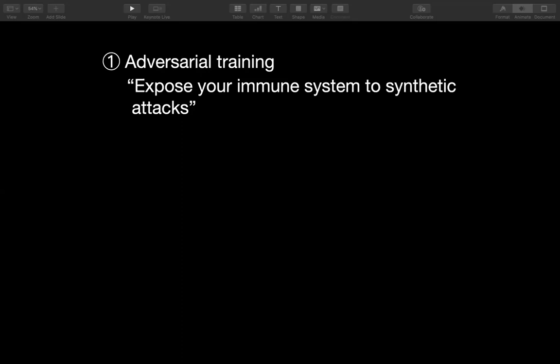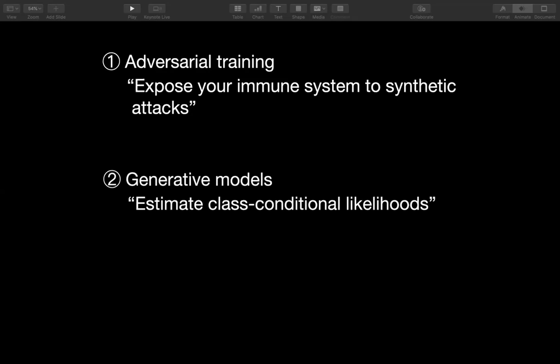The second leading technique is one that's not very well known among most people, but I think deserves to be better known. It's using generative models, variational autoencoders for instance, to estimate the class conditional likelihood for each class, and then classifying by choosing the class that has the highest likelihood.